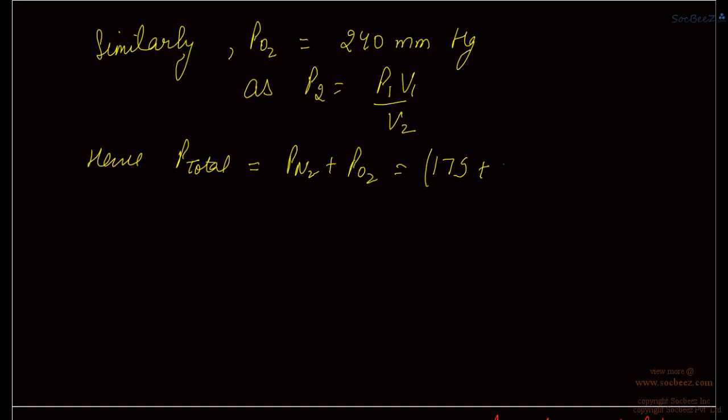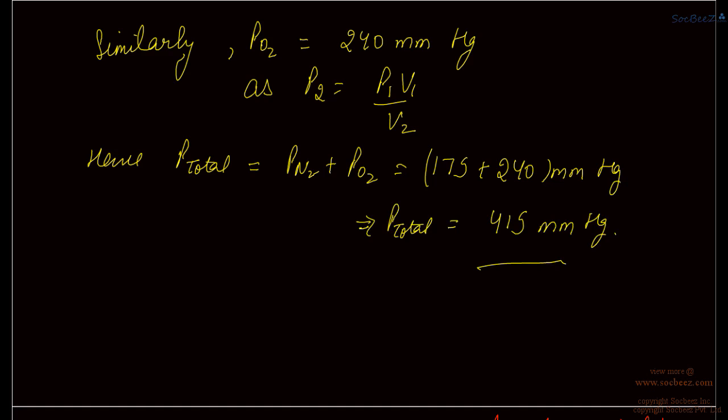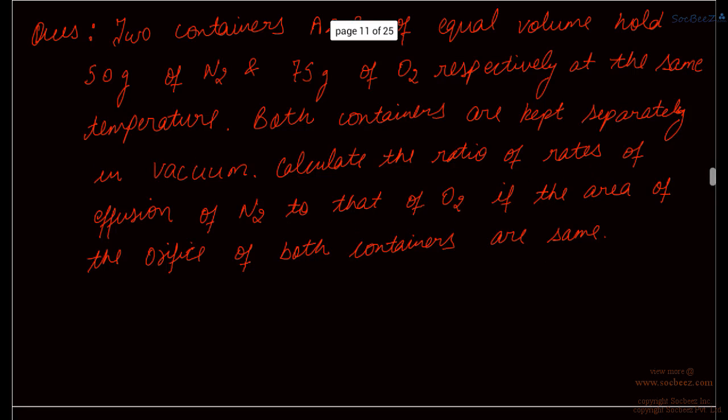It is equal to 175 plus 240 millimeter Hg, or P total equals 415 millimeter Hg. This is the final pressure that we were supposed to get.